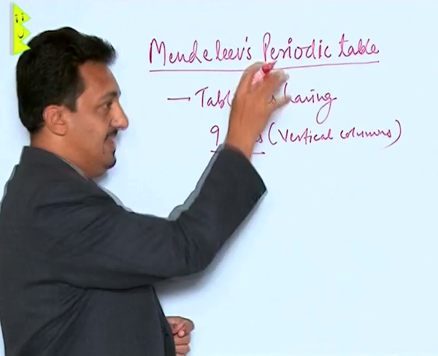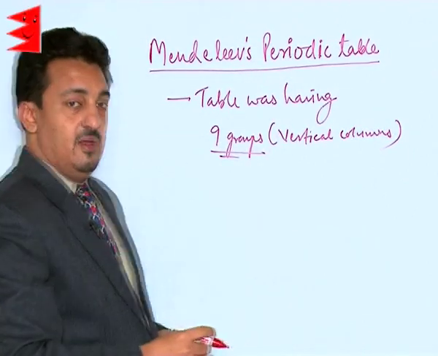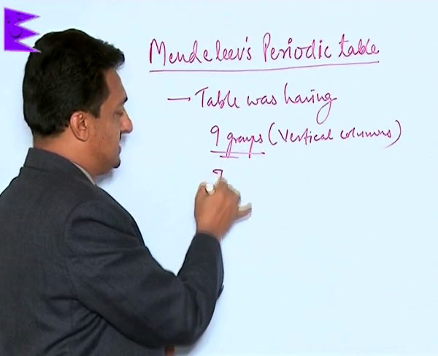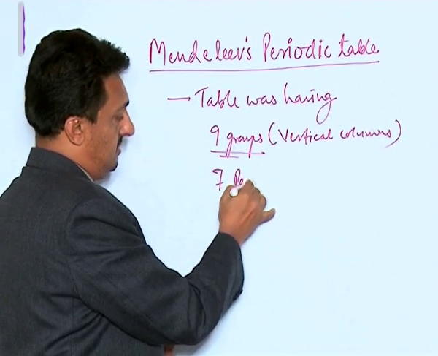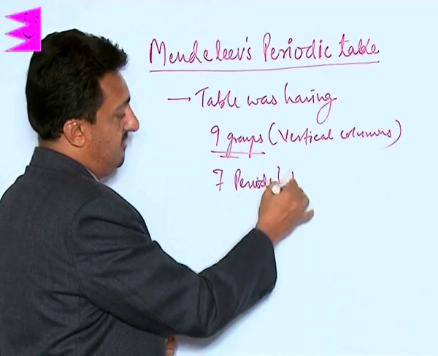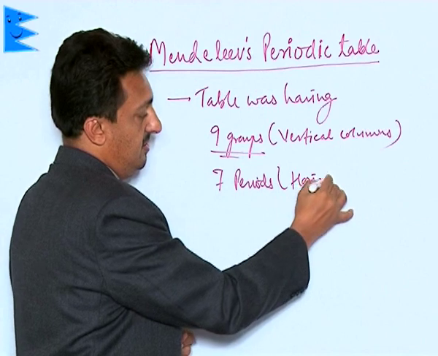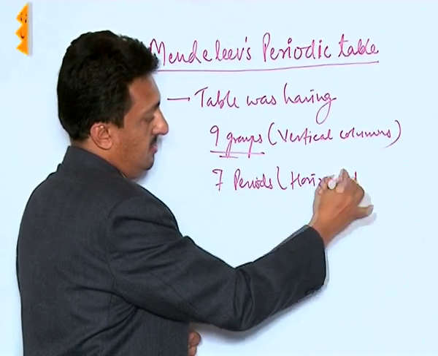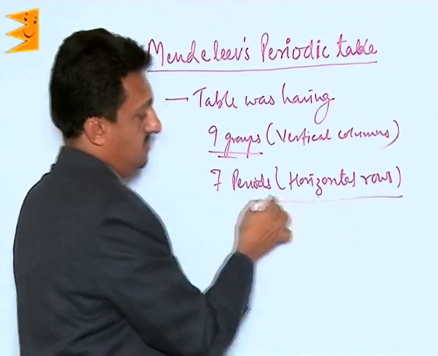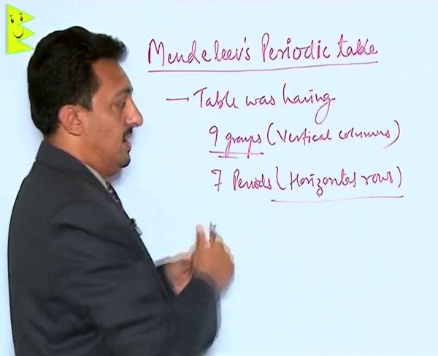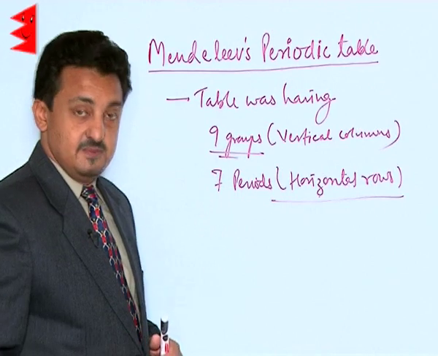So he was having 9 vertical columns which were called groups, and he was having 7 periods, which were the horizontal rows. So his table was having 9 vertical columns and 7 periods.